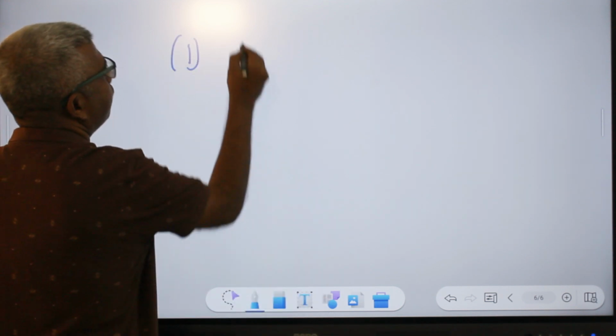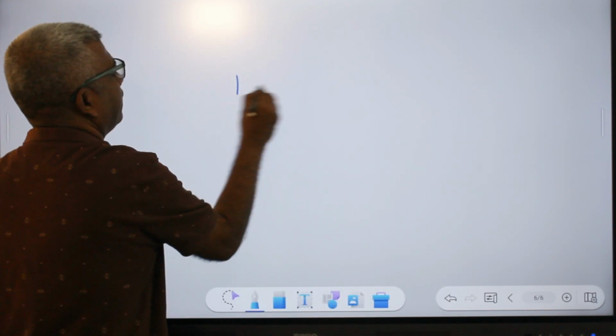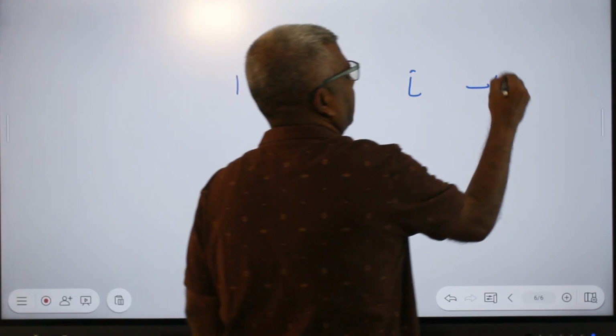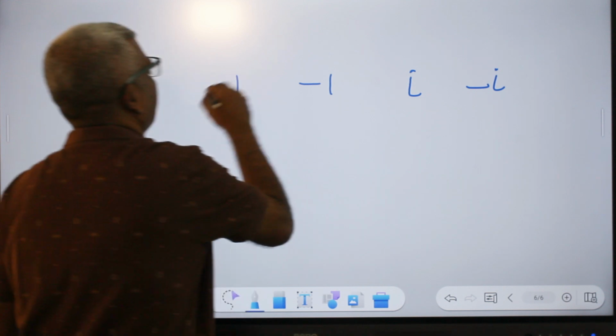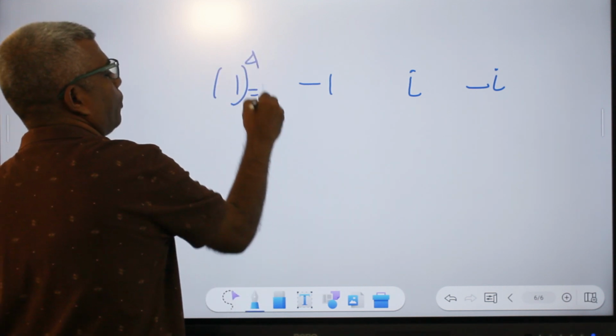Now, what are the fourth roots? 1, minus 1, i, minus i. Fourth roots means you have to raise to power 4. 1 power 4 is 1.